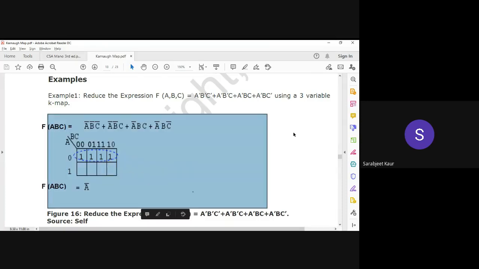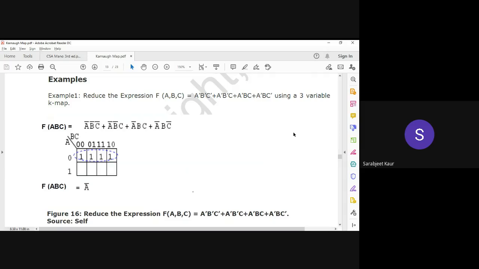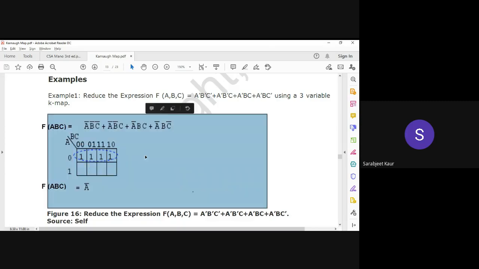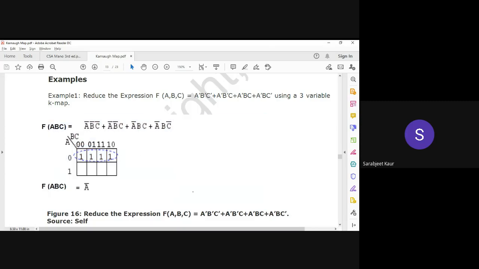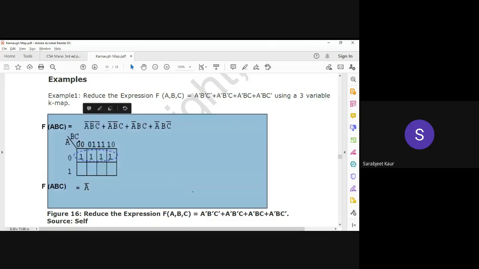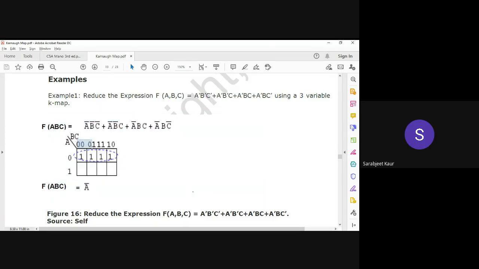Now, after we have done the grouping, the next step was to write down the AND product corresponding to this group. While grouping, please look at these combinations.